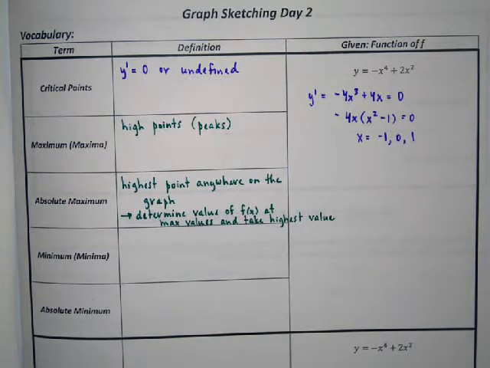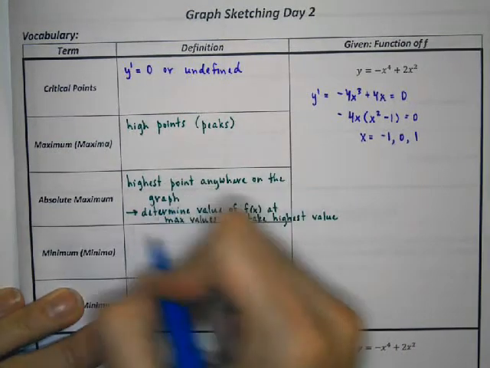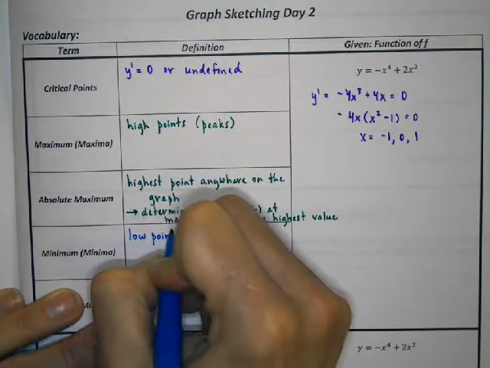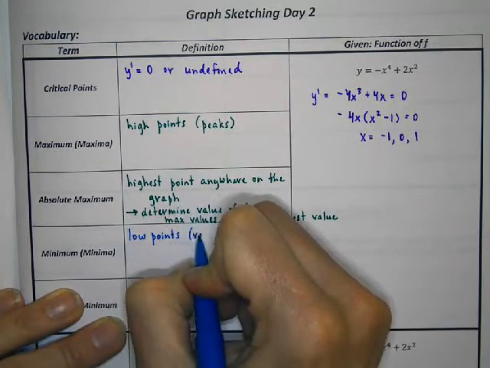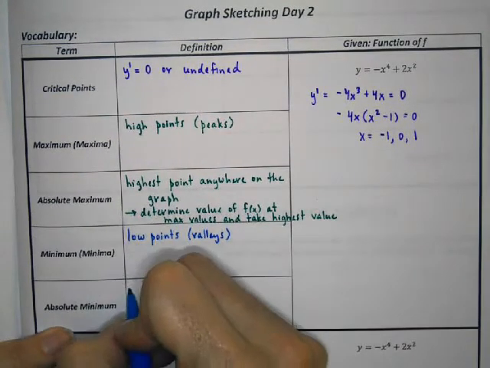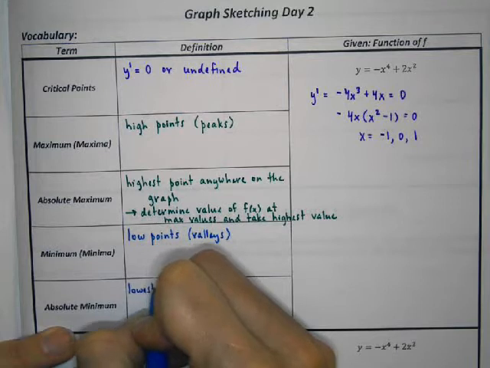Okay, then we had talked about minima, right? And we know those are the low points on our graph, or our valleys. And our absolute minimums were the lowest point anywhere.